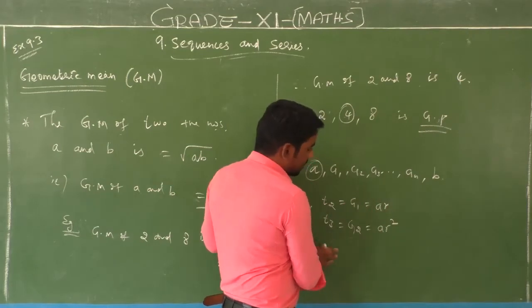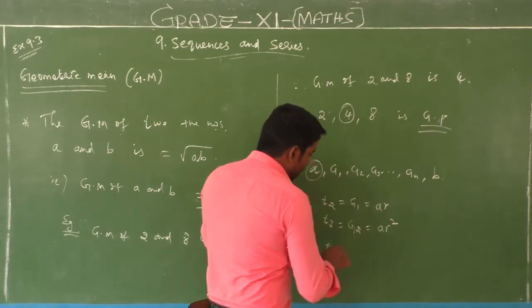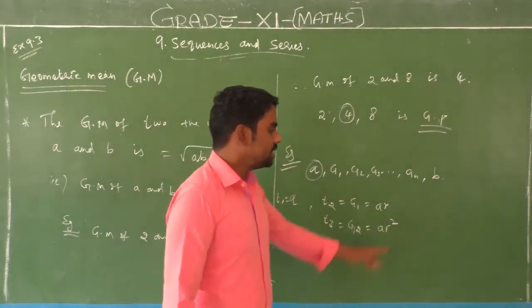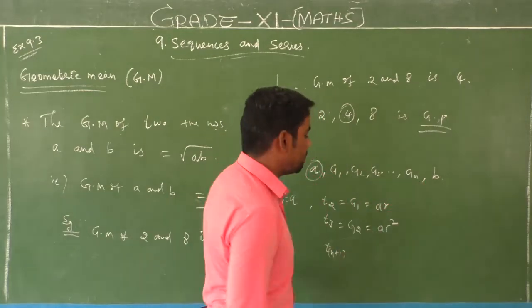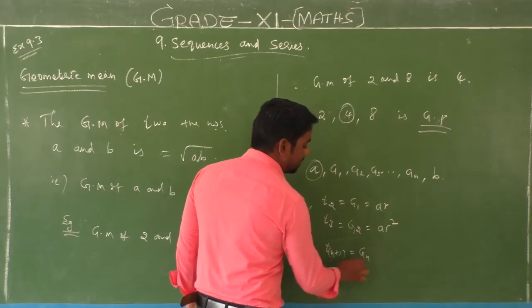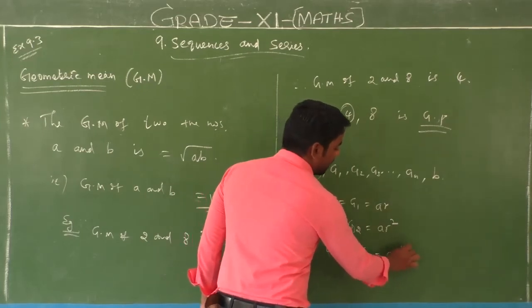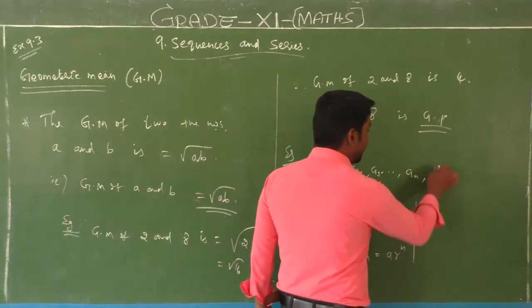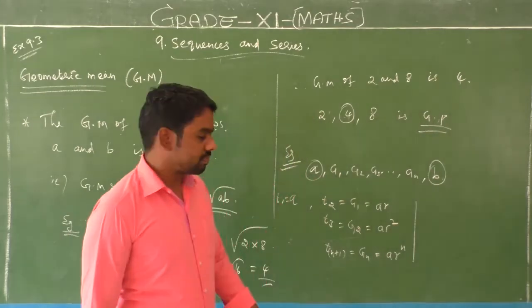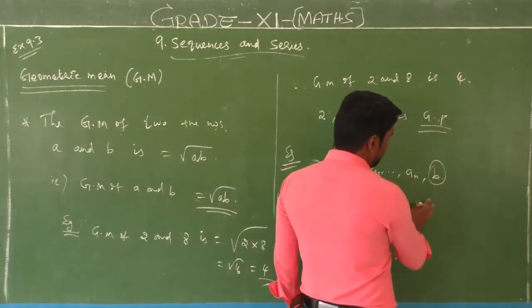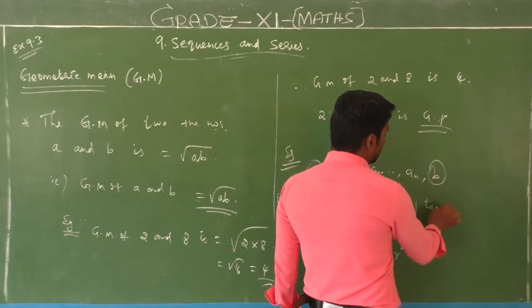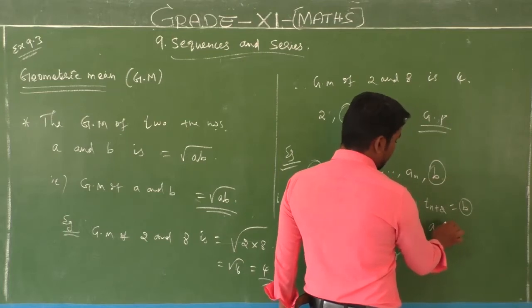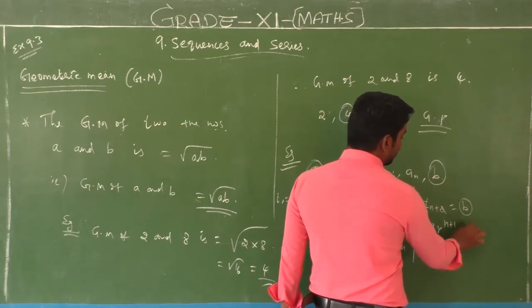Gn is the n plus 1 term, so it is ar power n plus 1 minus 1, which is n. And b is the n plus 2th term. So Tn plus 2 is equal to b, that is ar power n plus 2 minus 1, that is n plus 1, is equal to b.